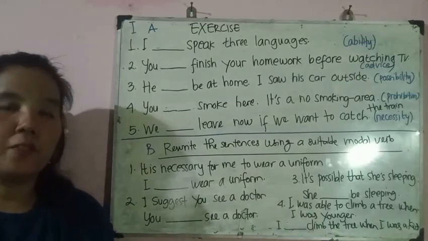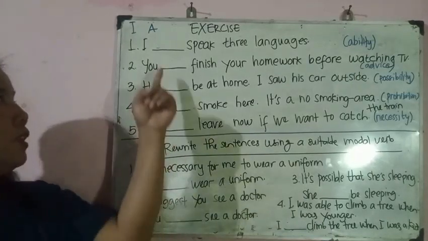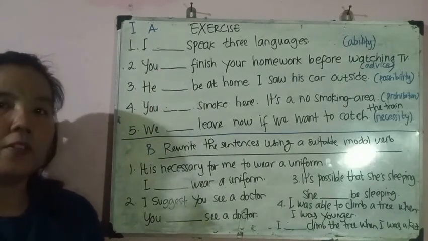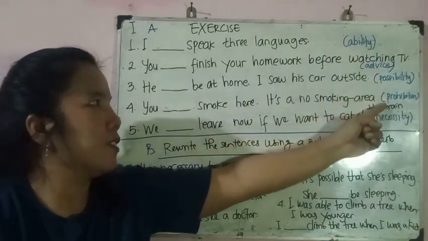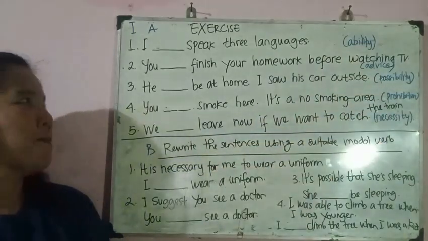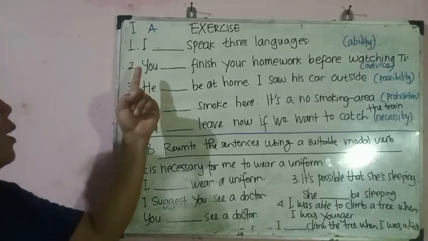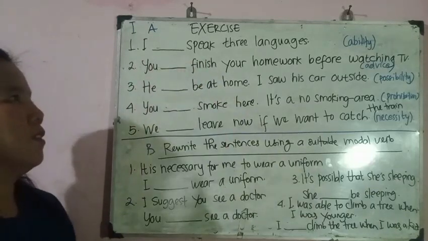Here are modal verbs exercises. You need to complete these sentences by using the correct modal verb based on the meaning in brackets. Are you ready? Okay, this is part 1. Number 1, I speak 3 languages.